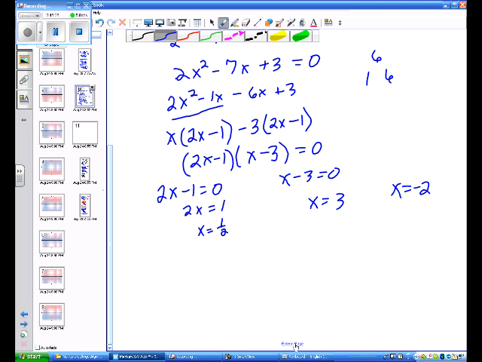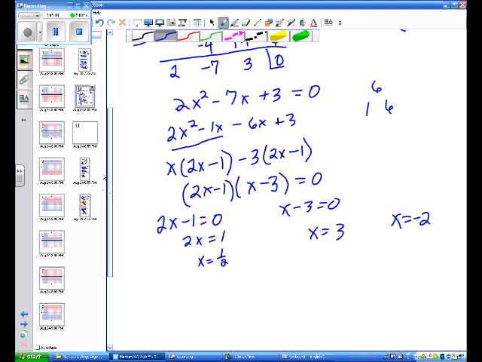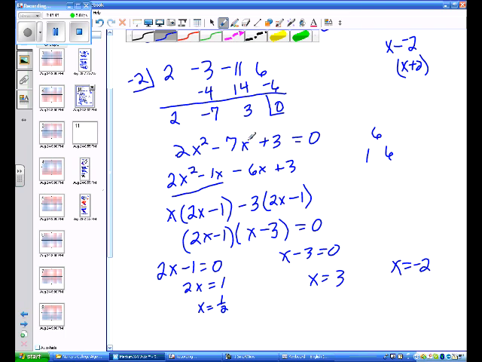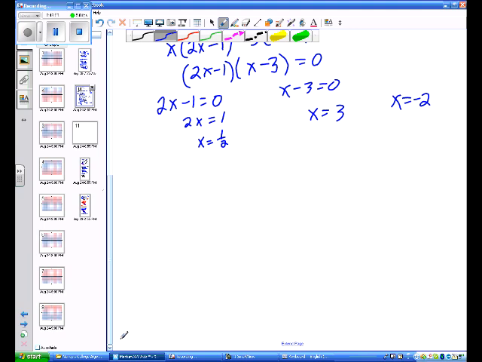If we look at another one, and let me just go back and say this. If you were not comfortable with factoring this, then it is a quadratic equation. You can use your quadratic formula, the opposite of b plus or minus, and go through your quadratic formula there. You don't have to factor it, but we know several ways of solving.